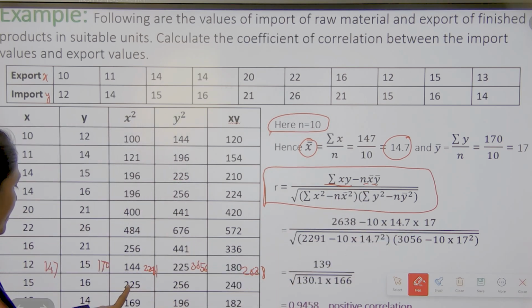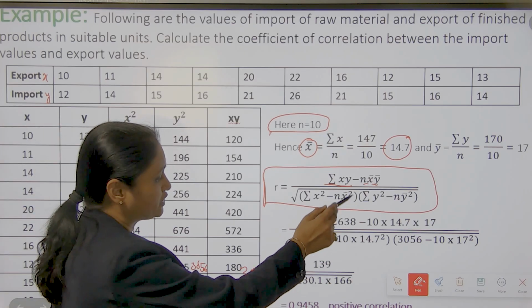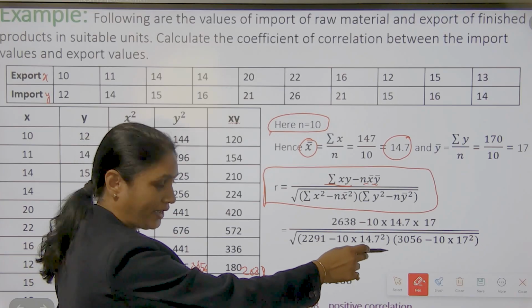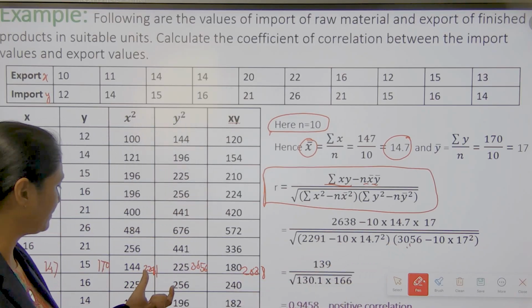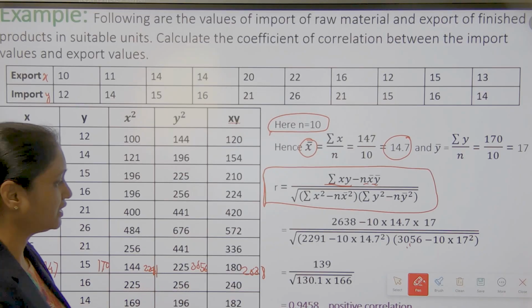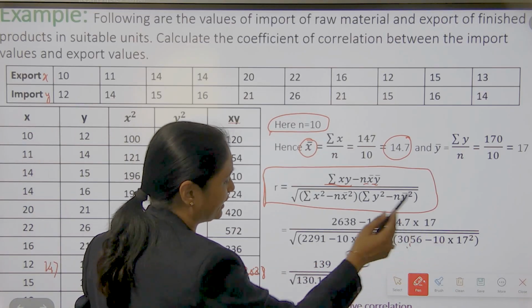So summation x square is 2291 minus n, n means 10, into x bar square, that is 14.7 square, into summation y square. Y square summation is 3056, 3056 minus n is 10 and y bar square, that means 17 square.